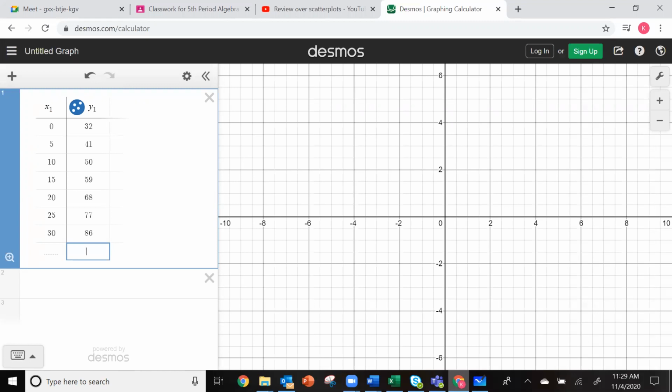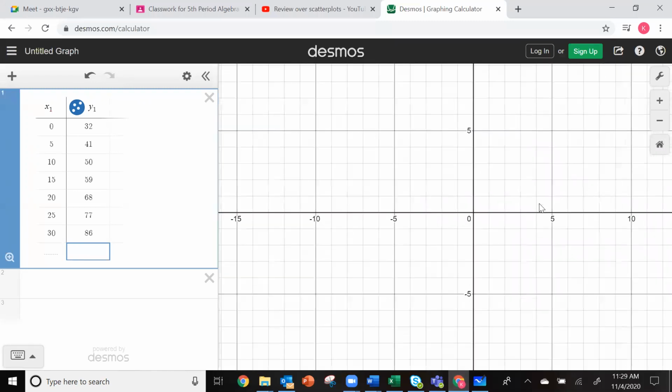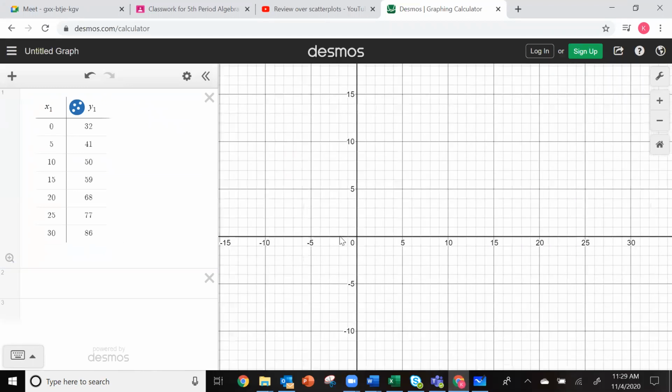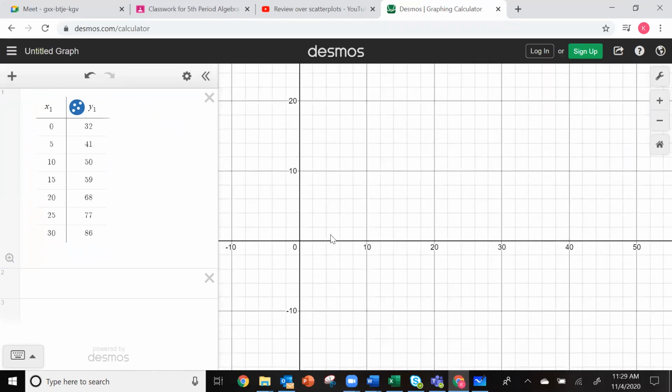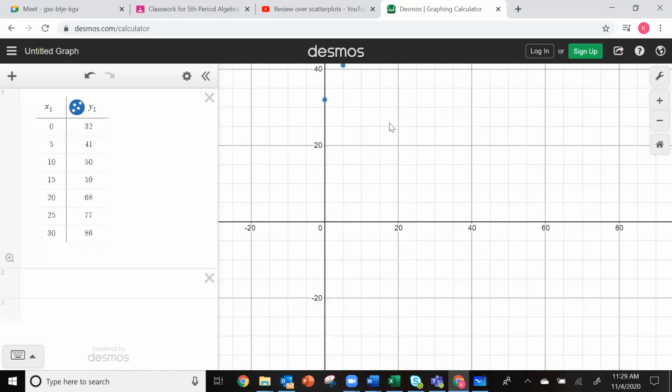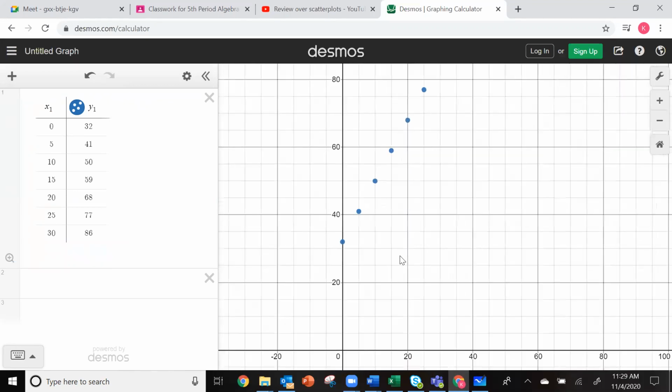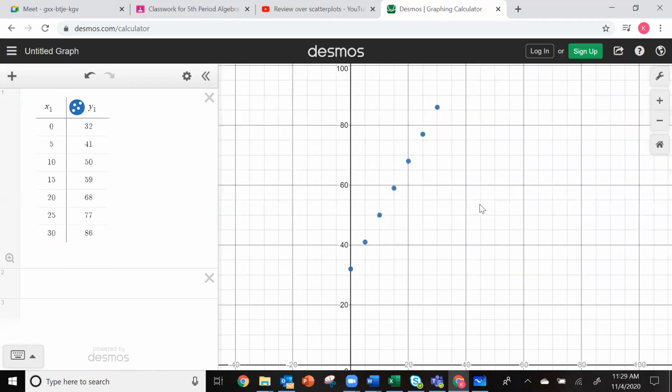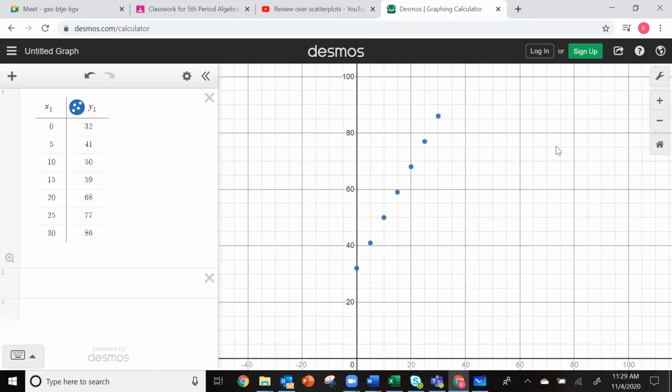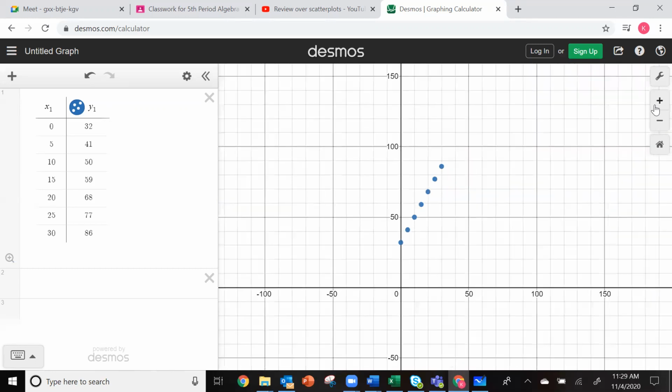Now, to graph it, if I go over here to my graph and I scroll out, the numbers are large, because they go all the way up to 86. So all I'm doing is using my mouse and scrolling out, or you can go out and in to be able to see these right here.